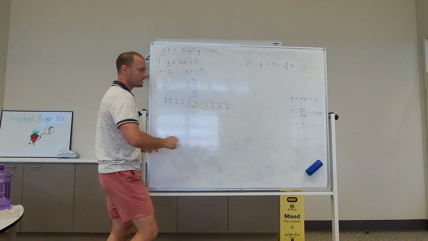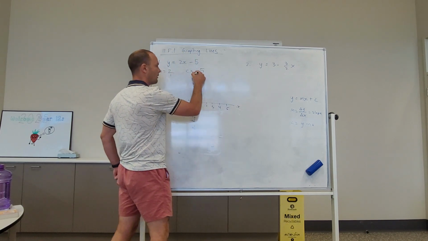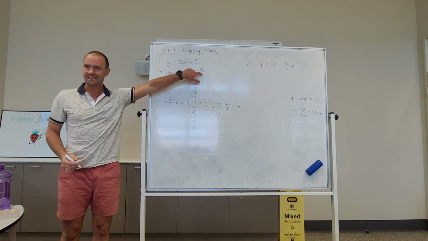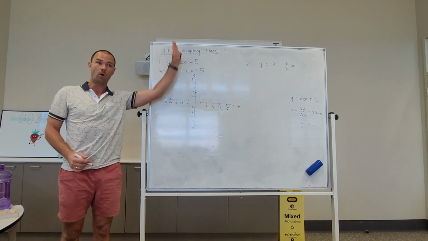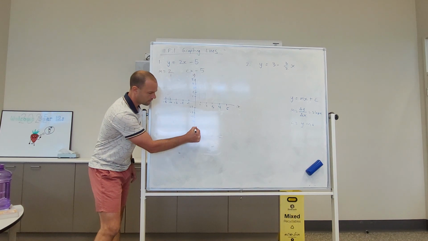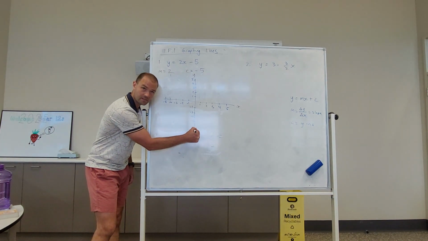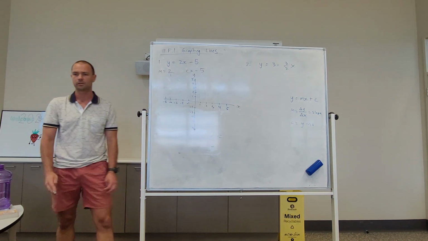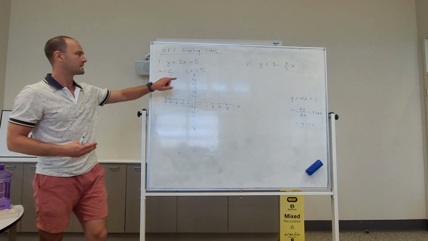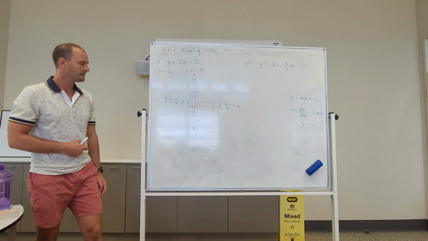This is our x-axis, this is our y-axis, and we know the y-intercept, where it crosses the y-axis, that is minus 5. That's our starting point. So we're going to plot a dot there at minus 5. That's our starting position. That's our y-intercept.